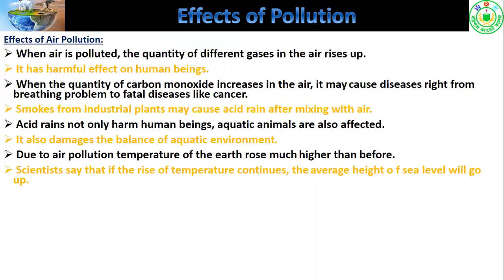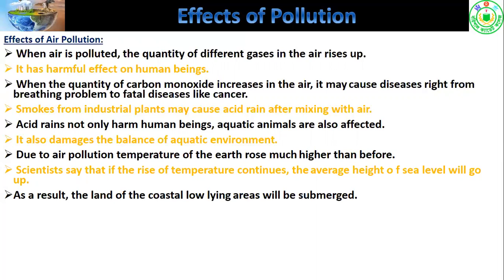As in Bangladesh, it is a threat for us also, because we are located just on the bank of the Bay of Bengal, and our coastal areas may get submerged because of the rise of temperature. As a result, the land of coastal low-lying areas will be submerged.